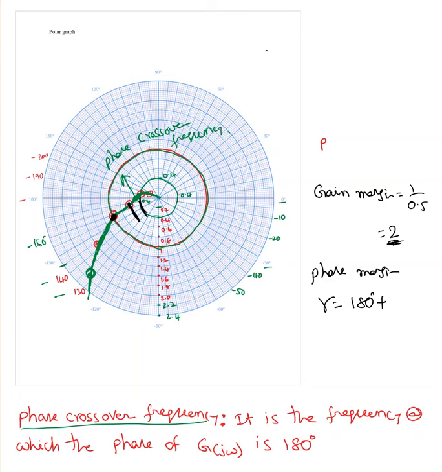I would say it's minus 160 degrees. We're drawing approximate values, so definitely we'll have a little bit of error, so don't worry about that. This is the phase margin.